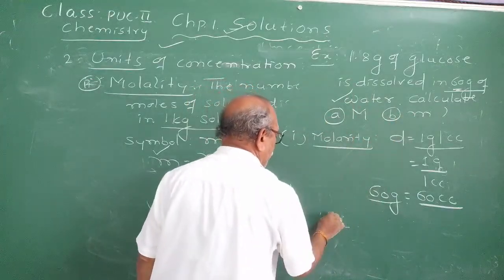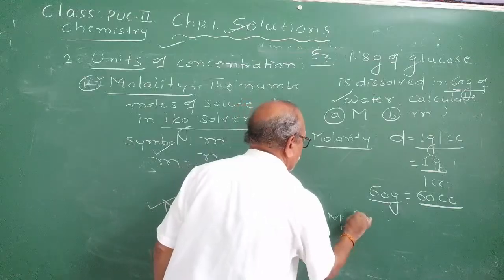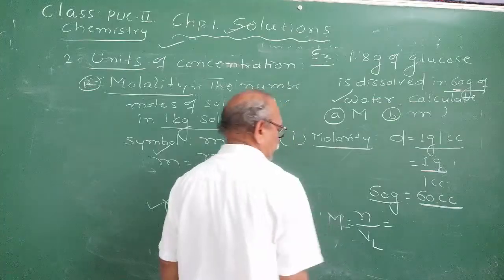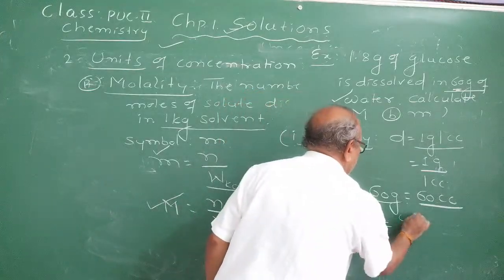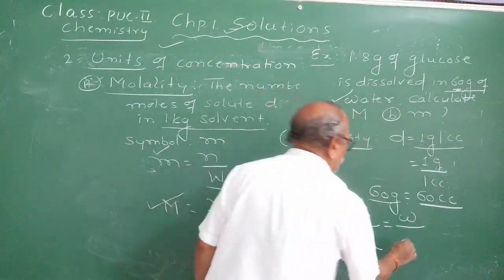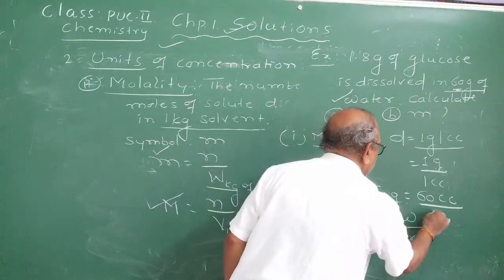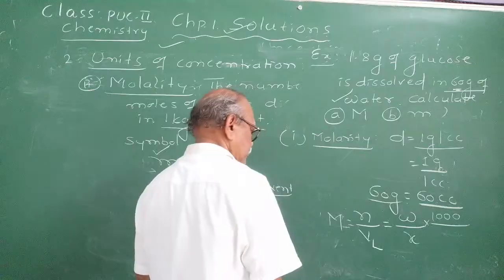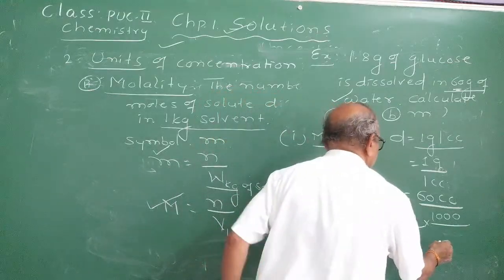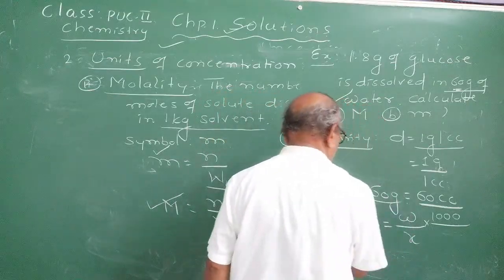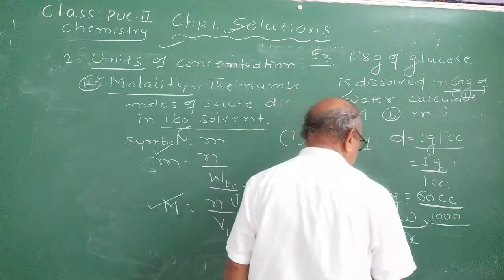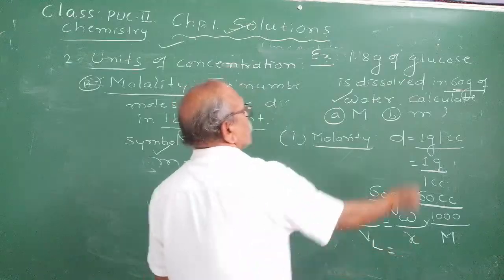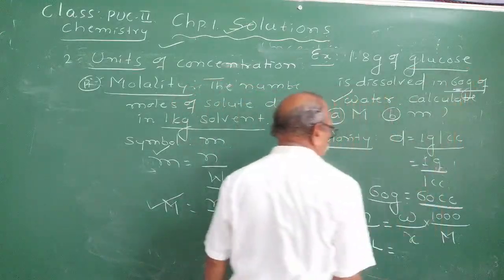Now let me calculate molarity. It is given by number of moles upon volume of solution in liter. Number of moles is given by the shortcut formula we collected: W upon M into 1000 upon volume of the solution. Molecular weight of the solute, glucose, we calculated as 180.